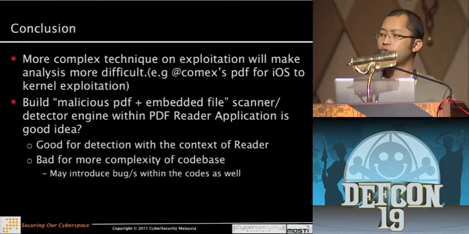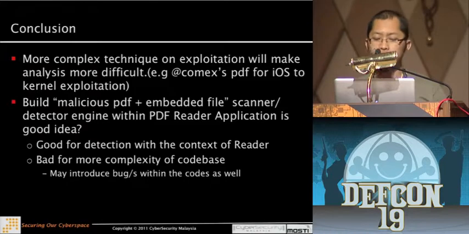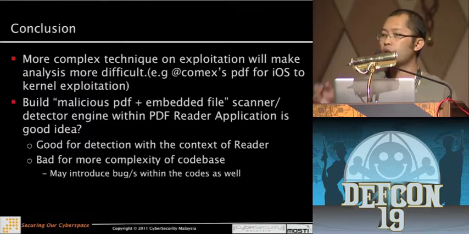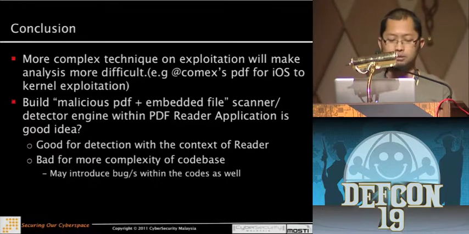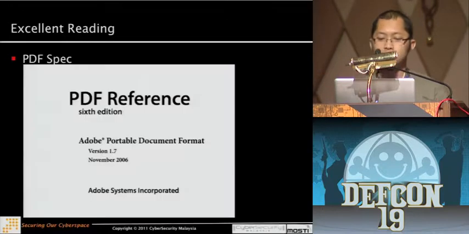But for some reason, I think it's also a bad idea. If you add another engine on top of it, you add complexity to the code base, which also means more bugs within the engine itself. It would be embarrassing to have the scanner code for malicious stuff also be vulnerable to bugs. So pretty much that's the conclusion.